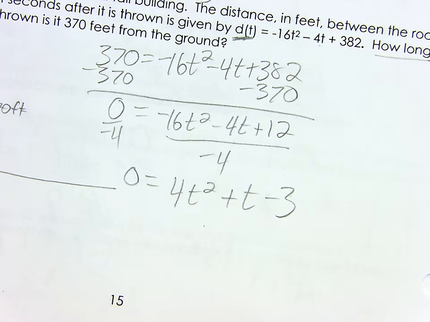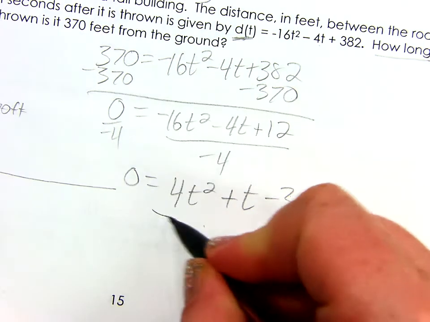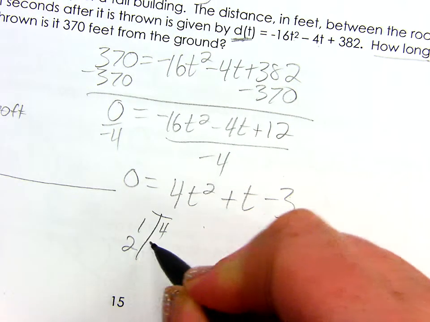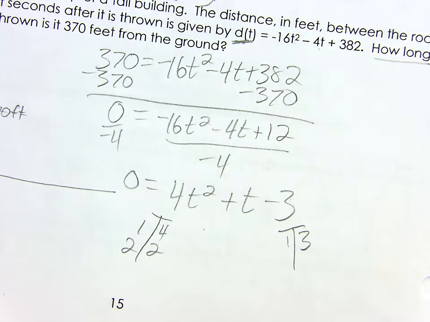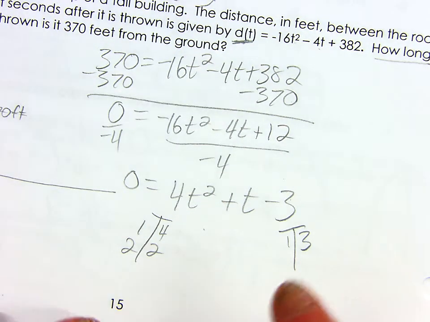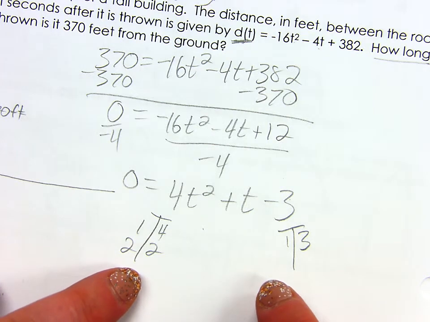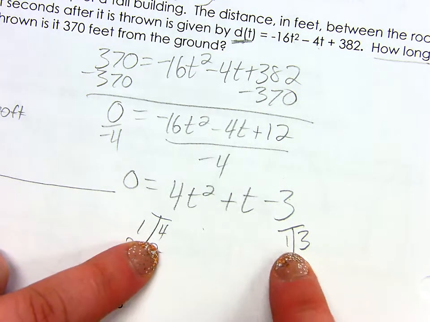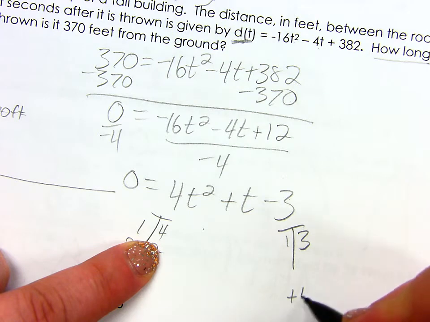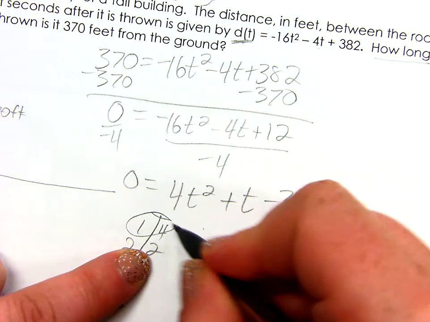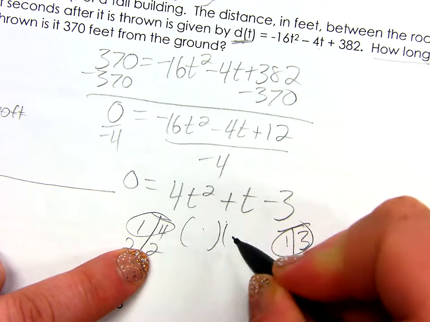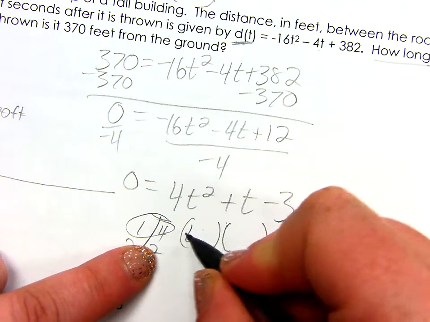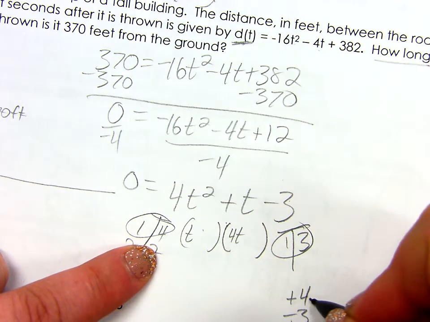For 1, 4, 2, 3, whatever. Positive 1, 3, positive 4 and 3.